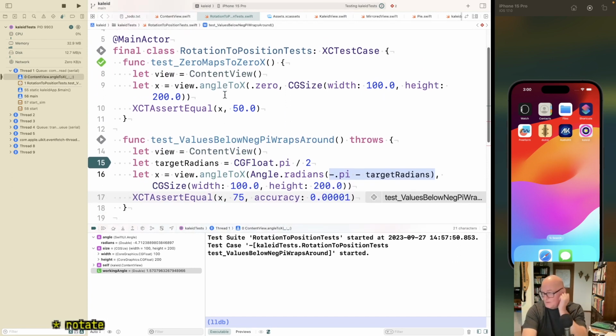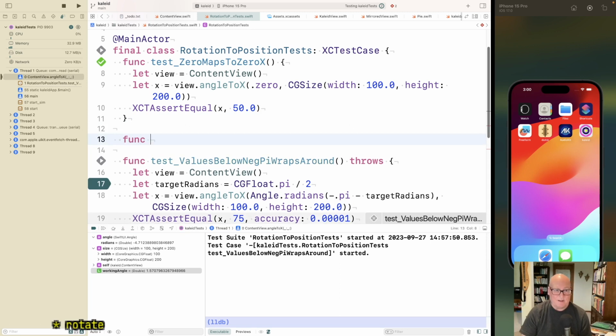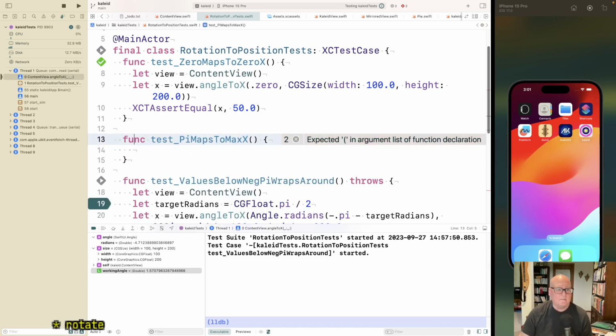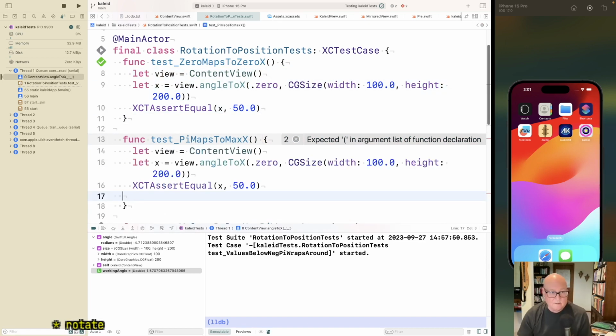Okay. So let's put the borders on, and if I can get those right, that will probably help. All right. So if I get 0 to pi maps to 100, pi maps to max x. Okay, so all right.